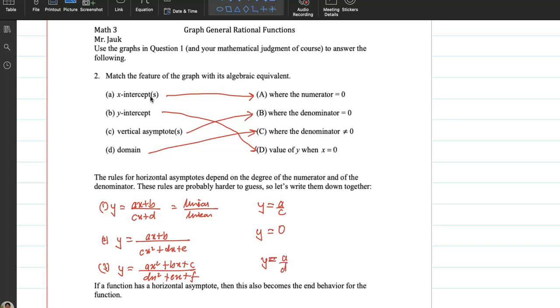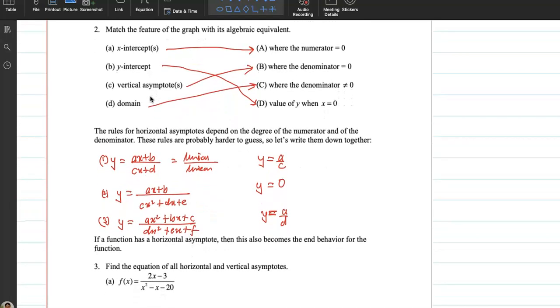So if the denominator degree is greater than the numerator, it's equal to 0. If they're both linear or both quadratic, it's equal to the coefficient of the numerator upon the coefficient of the denominator.